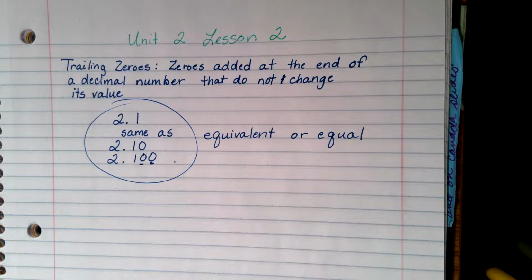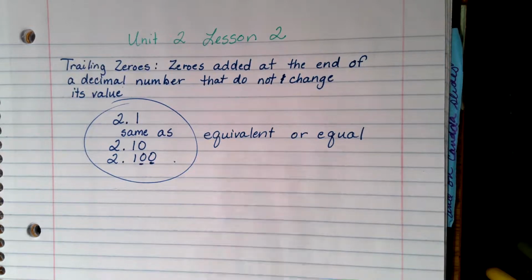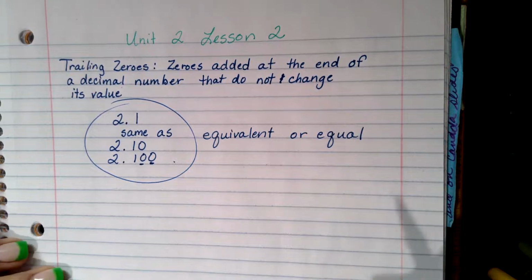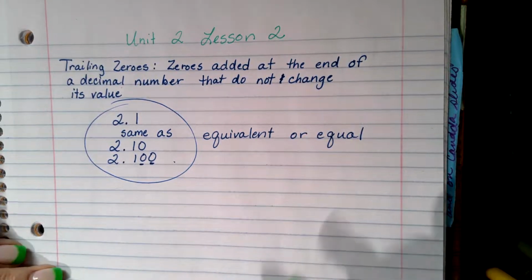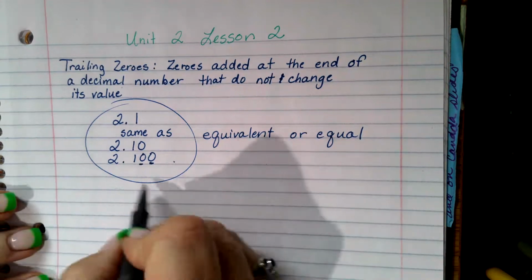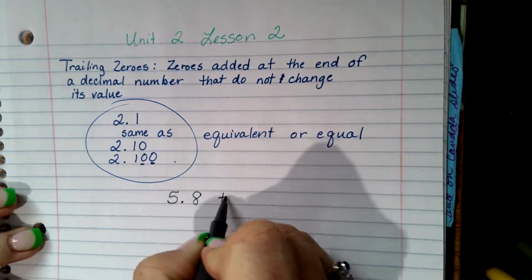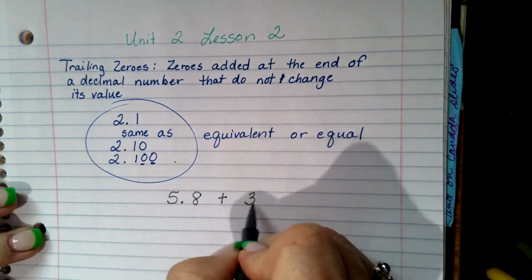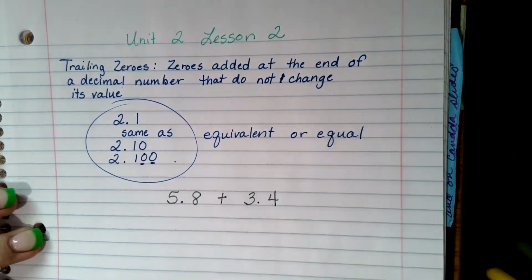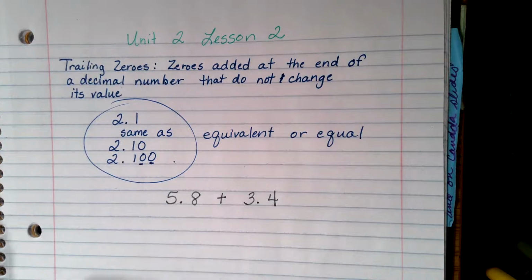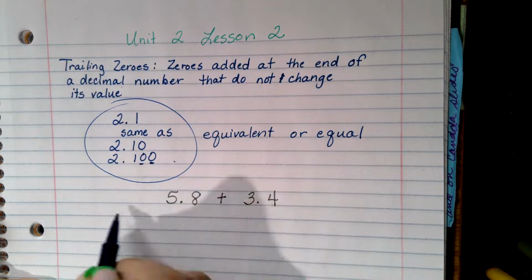So, when adding or subtracting decimals, we rewrite the problem vertically, keeping the decimals lined up. So, if we had 5.8 plus 3.4, the best way that we could do this is to make the problem vertical instead of horizontal.